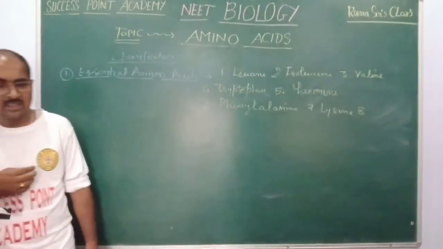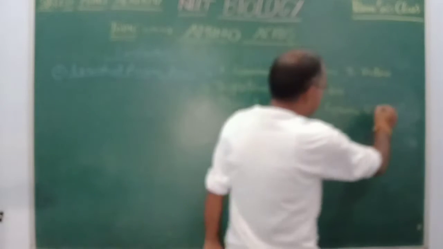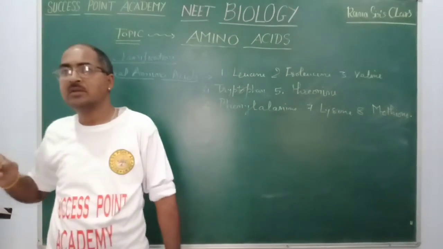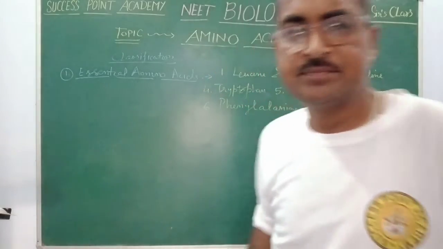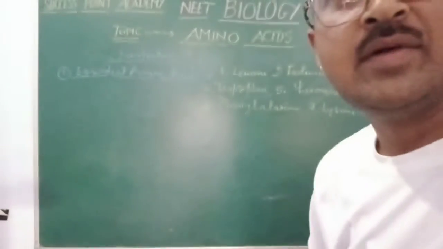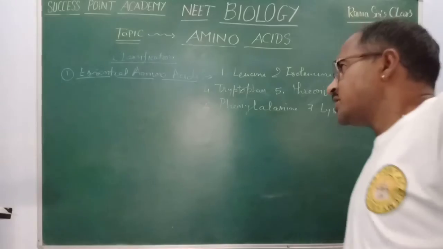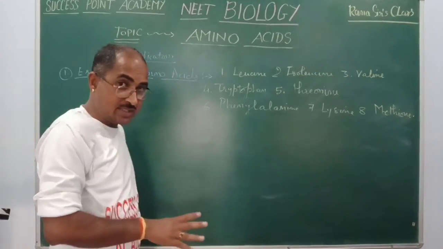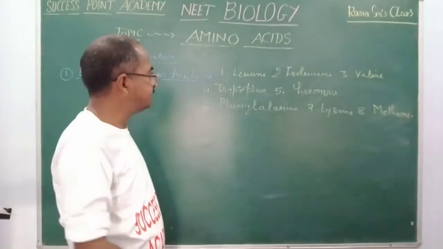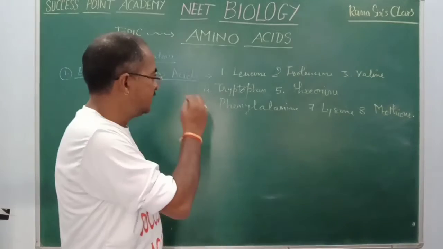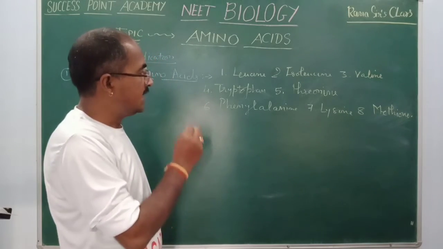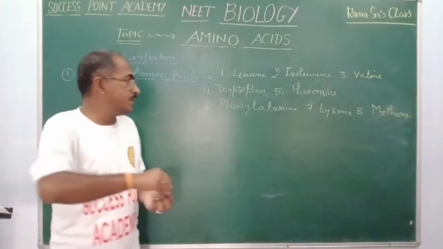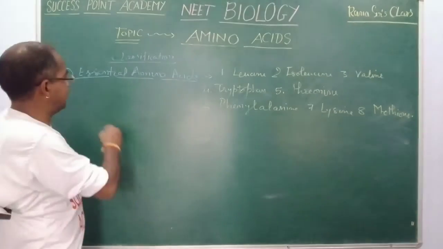Remember this. So there are only 8 essential amino acids: leucine, isoleucine, valine, tryptophan, threonine, phenylalanine, lysine, and methionine. Now the rest will be non-essential amino acids.